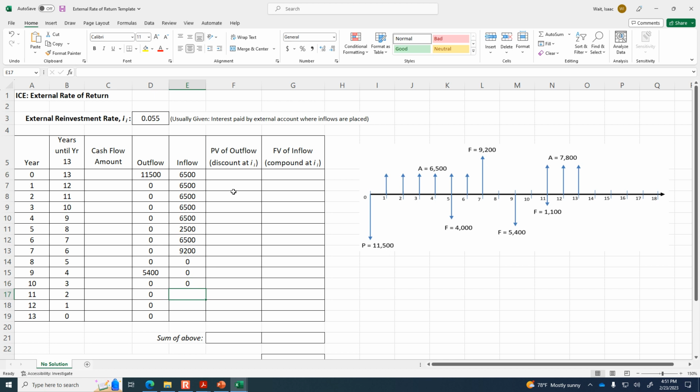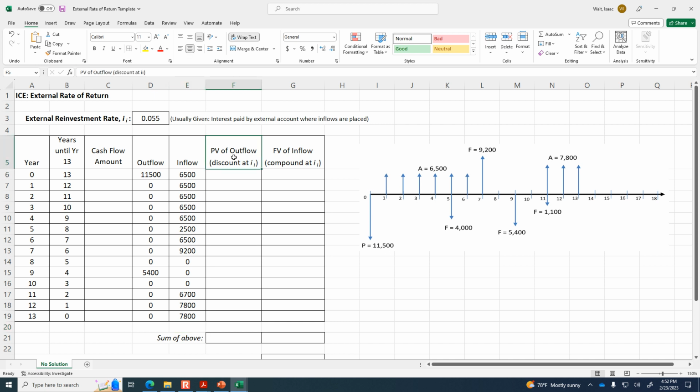Okay, year 11, it's going to be 6,700. And then 7,800, 7,800. Okay. So everybody got the same thing in your spreadsheet?